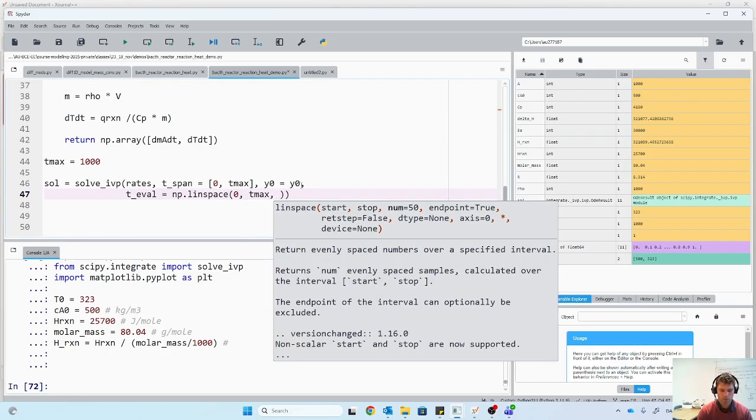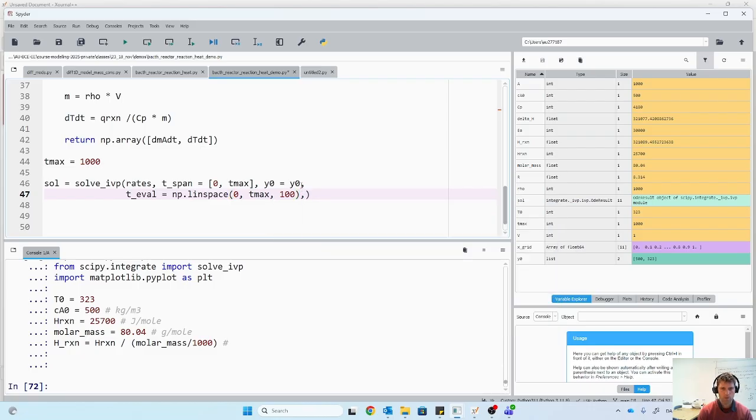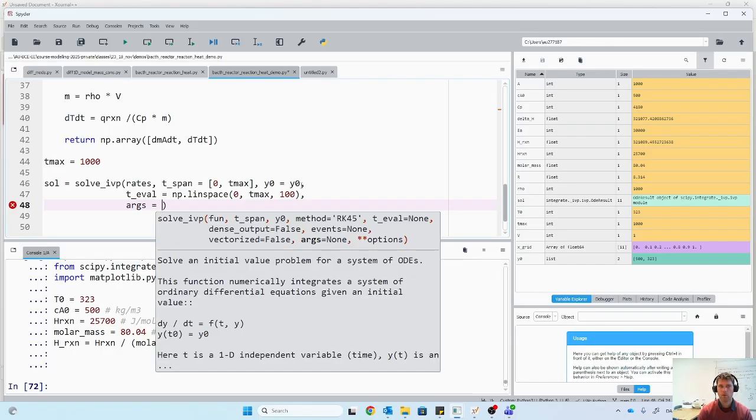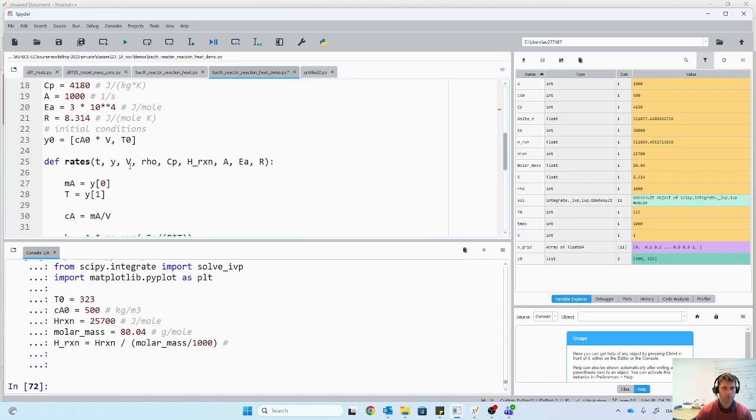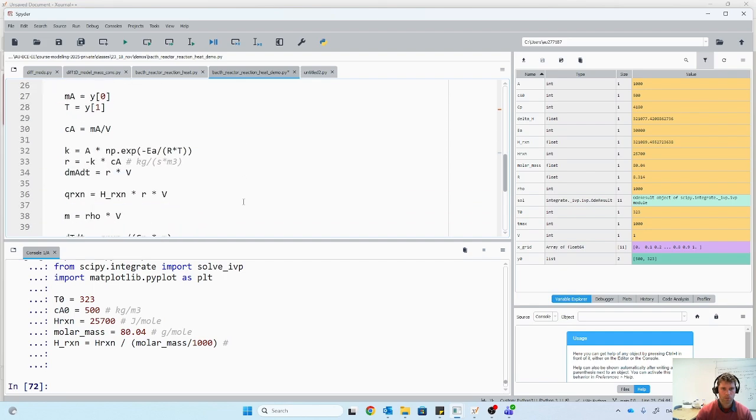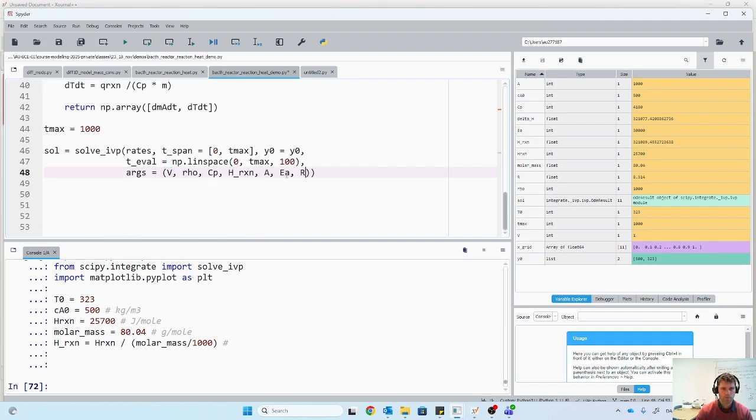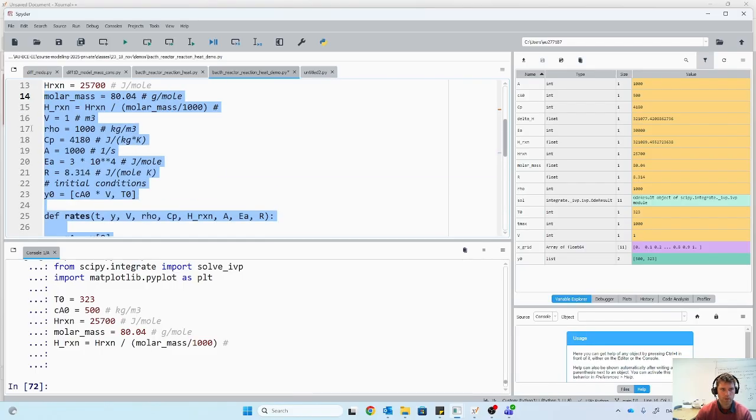And let's say we want to have 100 time points in the output. Lastly, we need to put in all the arguments that our rates function needs. That would be, and we have to use the same order also. The first two we don't need to pass in there, but the rest we need here. And then we can run everything.